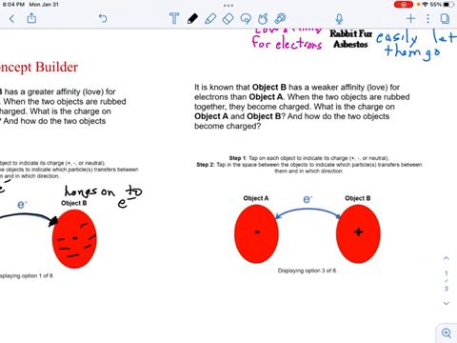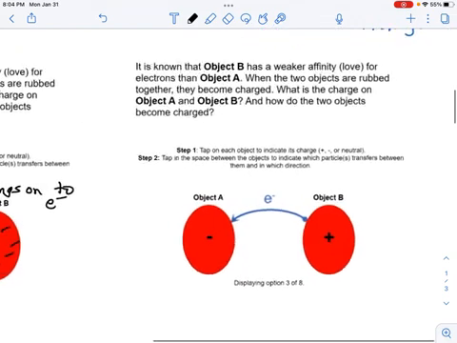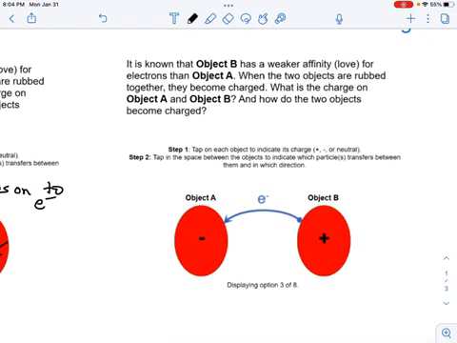All right, here it's known that object B has a weaker affinity for electrons. So a weaker affinity means it will let electrons go. Affinity means that it hangs on. So in this case, object B has the weaker affinity than object A. So when they're rubbed together, the electrons will leave B and go to A because of their relative difference.